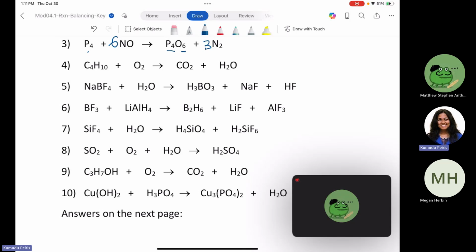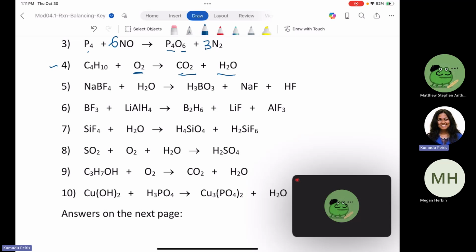Okay. The next equation is the burning or combustion equation. We call it a combustion equation when an organic compound is burned with oxygen. When it is a complete combustion, complete burning of that organic compound, we will only get carbon dioxide and water.